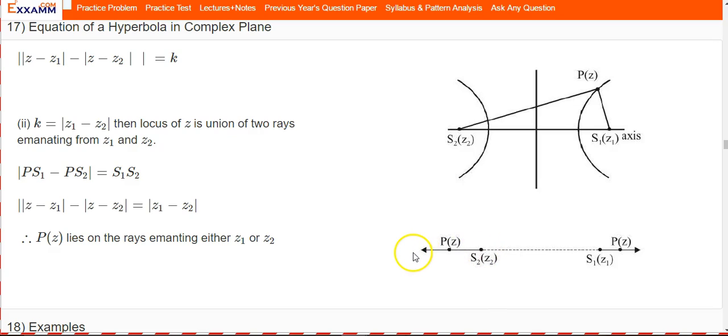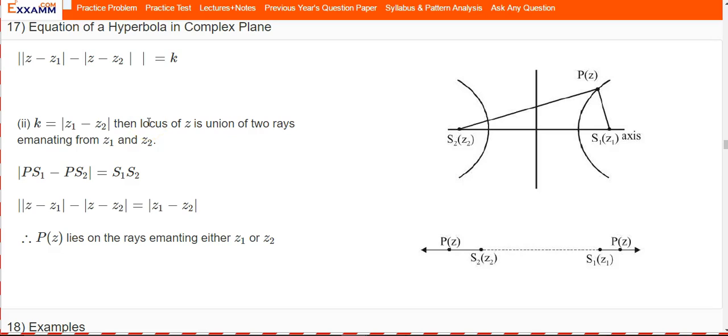So these two would be the areas where z would lie if modulus of z1 minus z2 is equal to k. So as in case of an ellipse, whenever we are given such a problem, the first thing we will check is whether modulus of z1 minus z2 is equal to k or not.